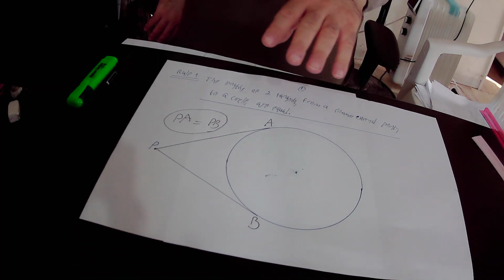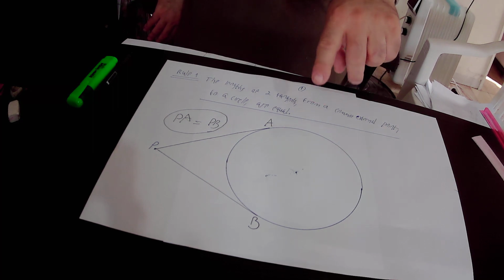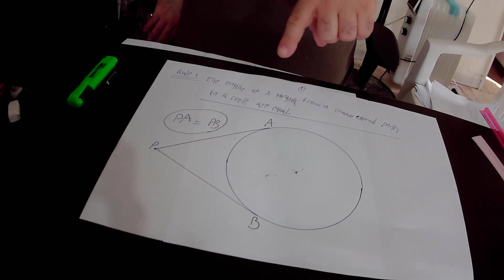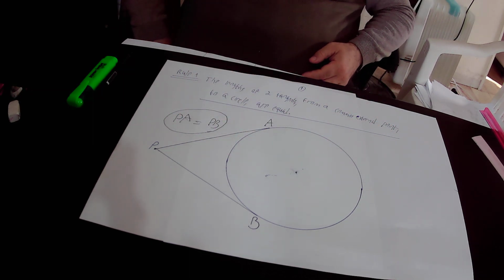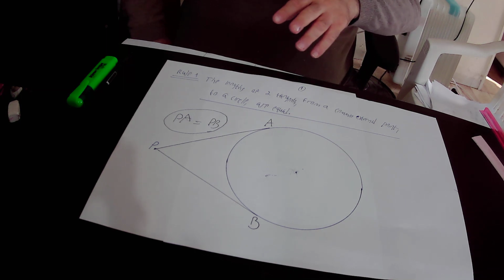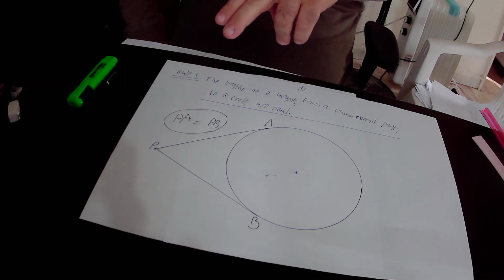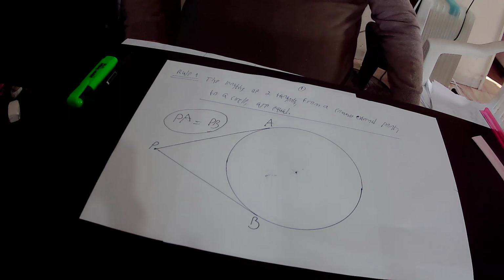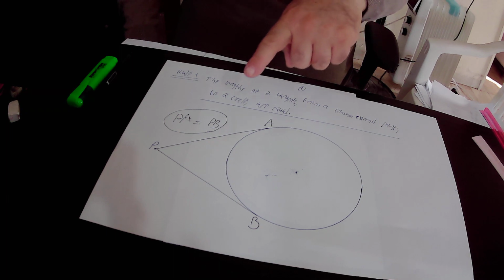So if we have this circle and point P that is an external point in relation to this circle, and from point P we draw two tangents to this circle, tangent PA and tangent PB, then according to rule number 1, the lengths of those two tangents will be equal to each other. That is to say, in this case, PA will be equal to PB. So whenever you draw two tangents to a circle from a common external point, the lengths of those two tangents will be equal to each other. In this case, PA equals PB.